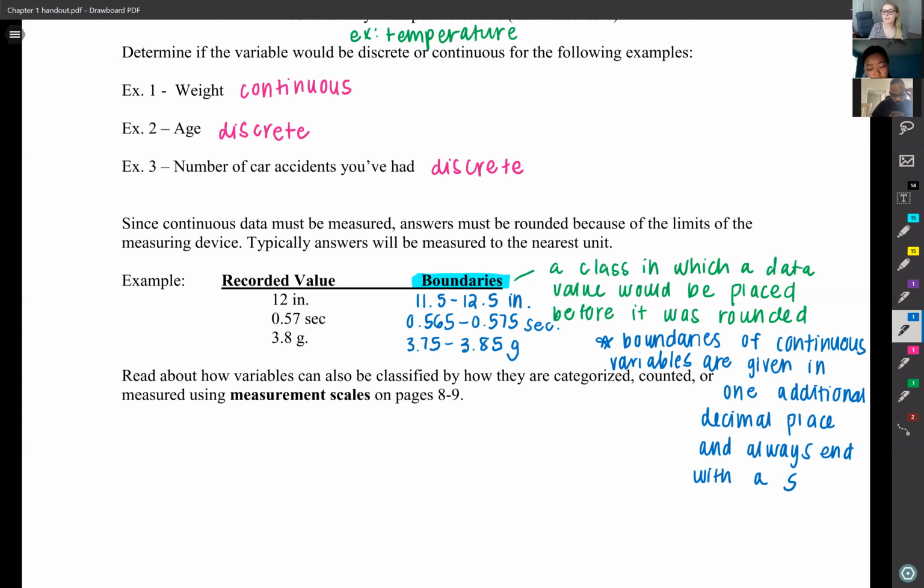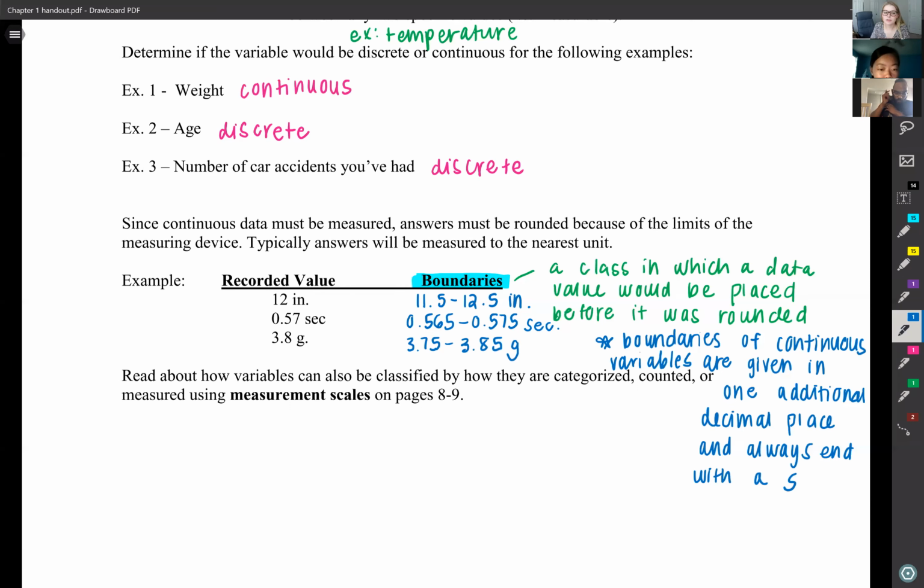So all you're really doing is giving an interval saying, even though this was the recorded value, this is the boundary for what the value could have been, anywhere between these two numbers, and my device would have recorded it as 3.8. So if I weighed something and it weighed 3.8 grams, it could have been 3.75, it could have been 3.76, and my device just rounded to 3.8.